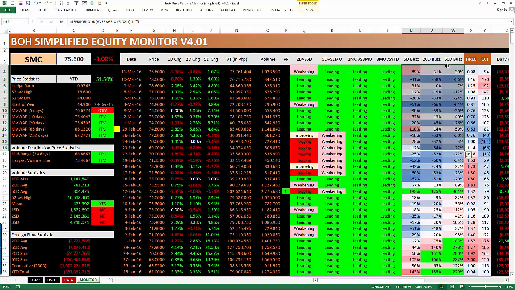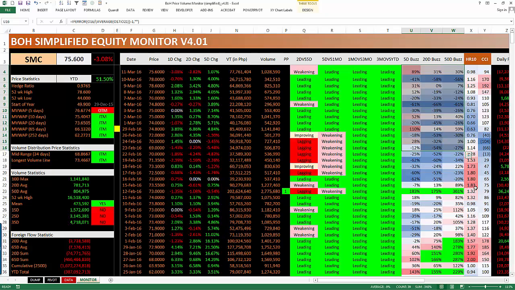Kasi, again, volume wasn't confirming this up move. And true enough, after hitting 78 levels, biglang bagsak ulit to 75 for no reason except that every other stock in the market was going up. So nag-kontra na naman ng galaw tong si SMC.